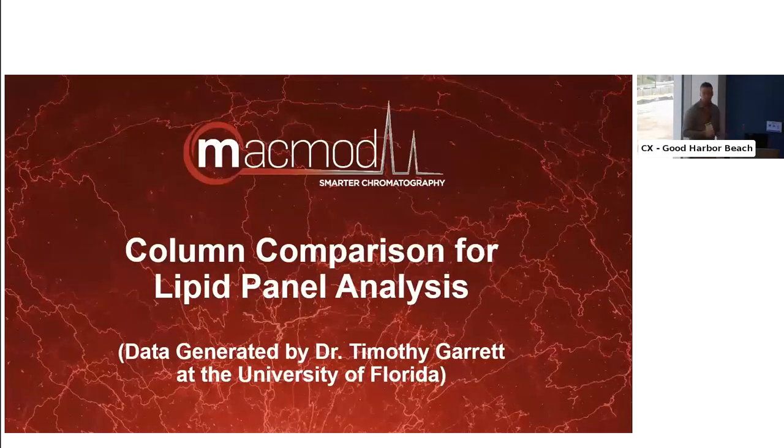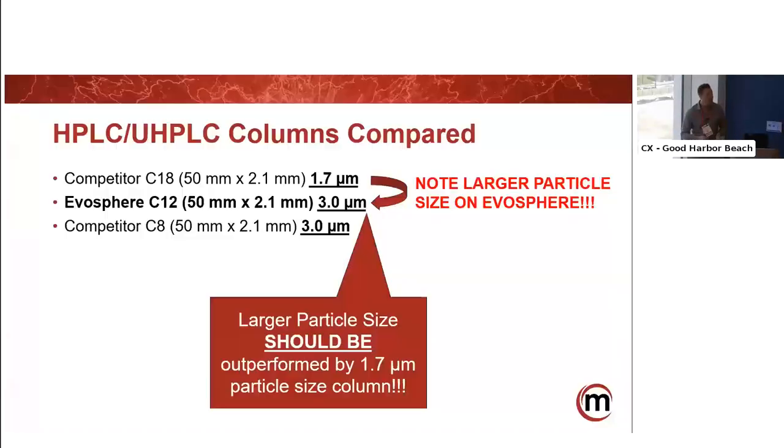So we use this C12 technology. I sent it out to one of our collaborators at the University of Florida, Tim Garrett, and he tested our C12 column in a 3 micron format against the Waters BEH C18 1.7 micron and a C8. And the main thing I'm trying to do here is 2 pieces.